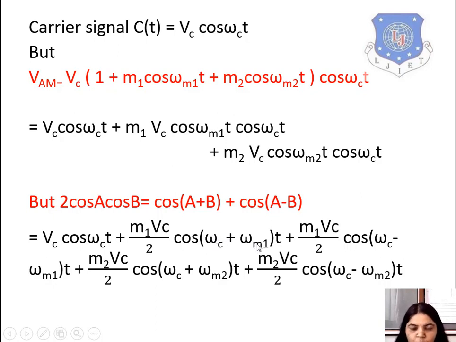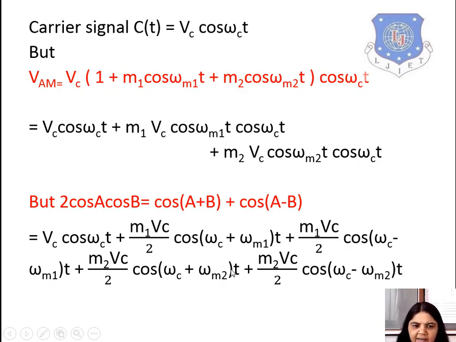So never write omega m minus omega c. In the addition there is no problem, but while we write the subtraction, it can only be the lower from the higher. So it is cos(omega c minus omega m1)t plus m2 Vc divided by 2 cos(omega c plus omega m2)t plus m2 Vc by 2 cos(omega c minus omega m2)t.